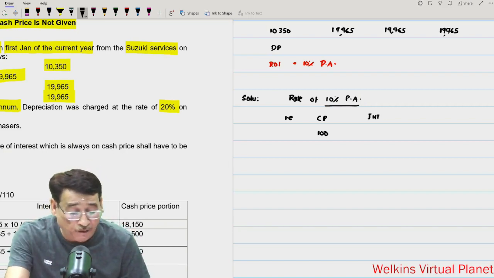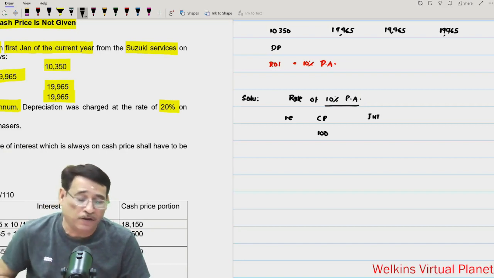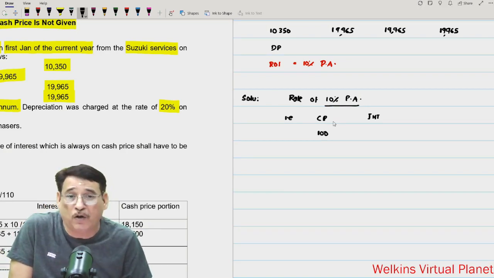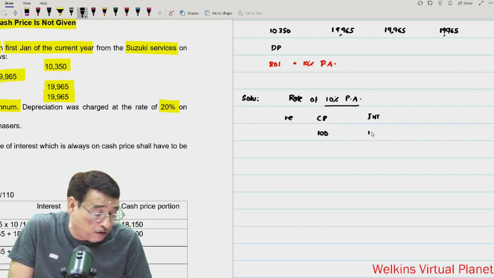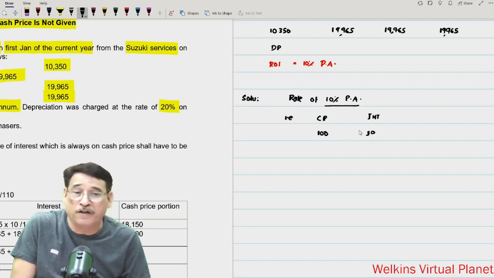Yes, sir. If it is known to you, then the next point is that rate of interest is always on cash price. It means if cash price is 100, our rate of interest is 10.